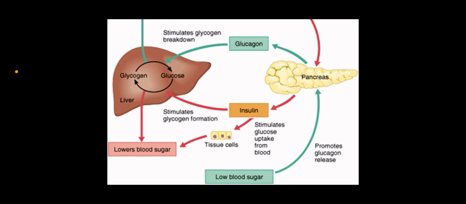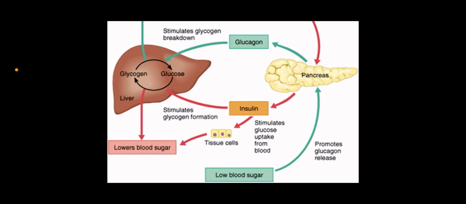Now, what does insulin do? When insulin binds to its receptor proteins on the cell surface membrane, vesicles with embedded glucose carrier proteins fuse with the cell surface membrane. Glucose carrier proteins allow glucose to enter the cell via facilitated diffusion, and this activation of insulin receptors also activates enzymes that convert glucose to glycogen.